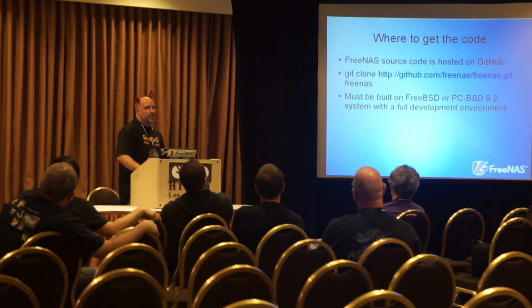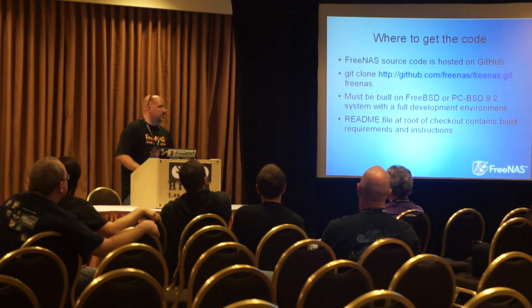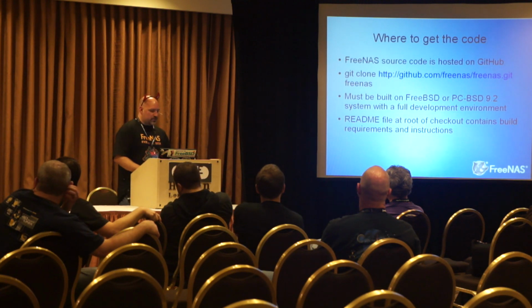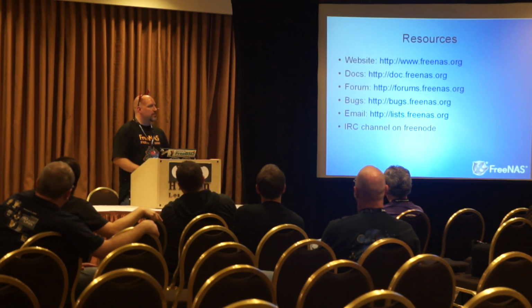But right now, that's how you would build FreeNAS. And there is a README at the root of the source code that tells you exactly what you need to do.